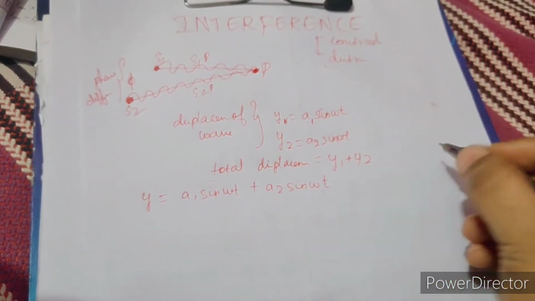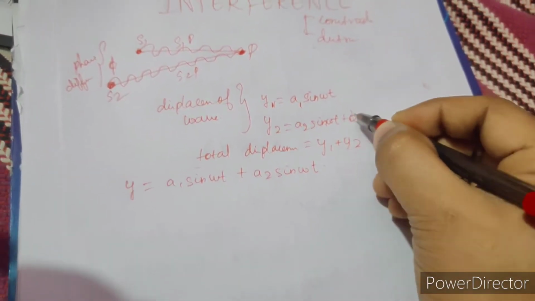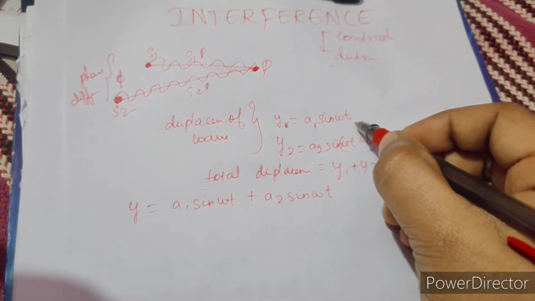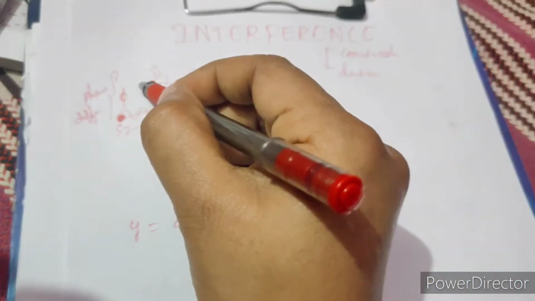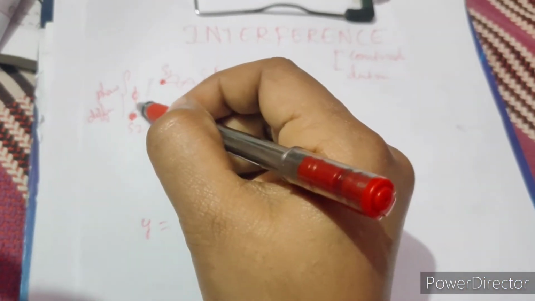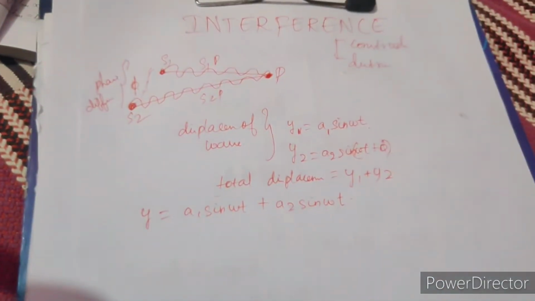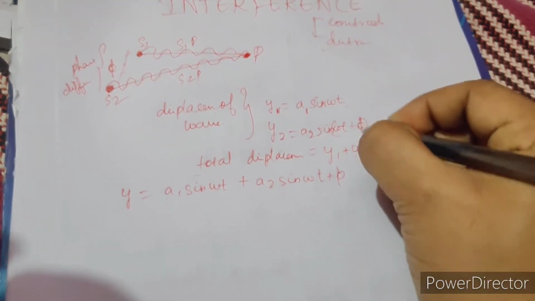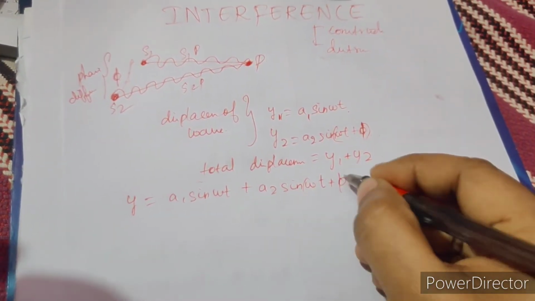But in this case, for y2, I am going to add a phase term, for the phase difference. In the initial wave I have sin ωt only. To calculate the total phase difference, I take this angle, this path difference, as φ. So here also I apply that φ value: ωt plus φ.